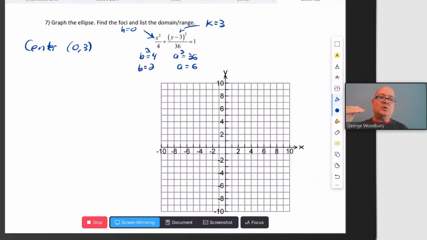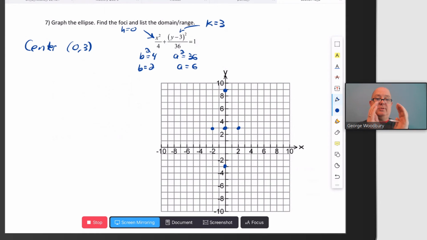The number underneath the x squared tells you how far to move left or right. The number under y tells you how far up or down to move. So let's start with the center, 0, 3. 2 left, 2 right. Up 6, down 6.